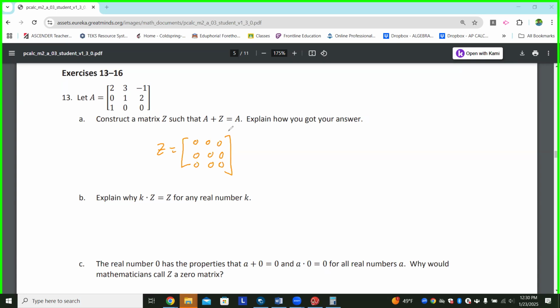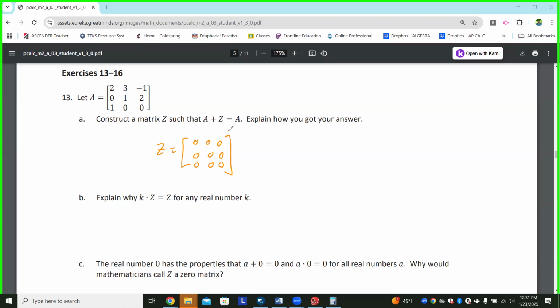Part B says, explain why k times Z equals Z for any real number k. If you let Z be 1, 1, 1, then it would become k, k, k along that diagonal.